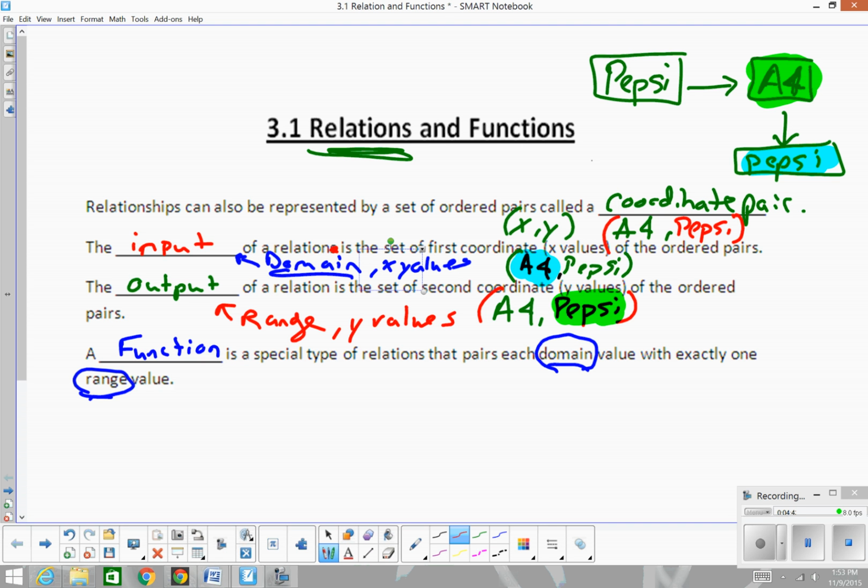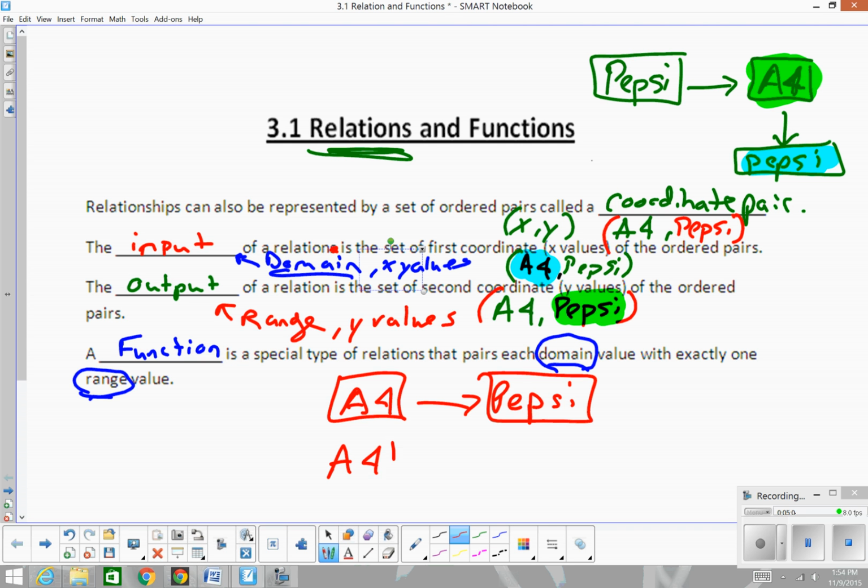All right, we cool? So now, if something isn't a function, say I plugged in A4 and a Pepsi popped out. And then my buddy Ryan came behind me. He was like, "Oh, I want a Pepsi too," and he put in money, and he hit A4, and it popped out a Coke.